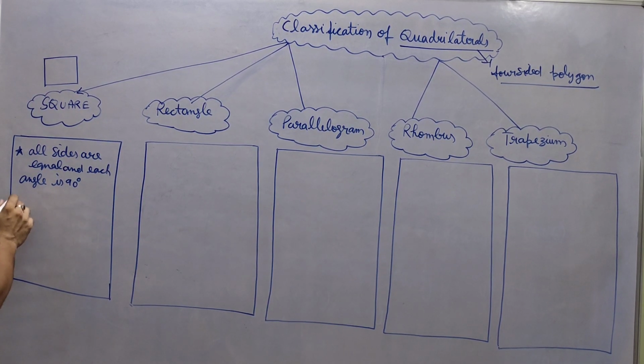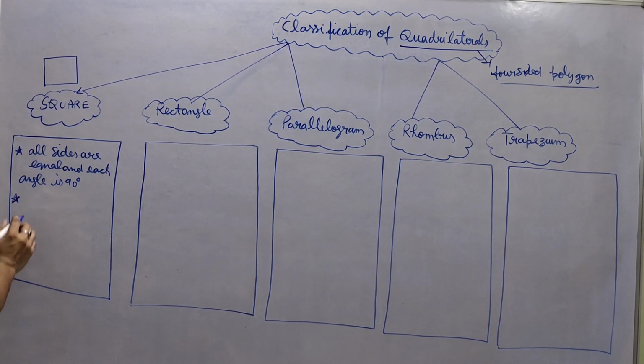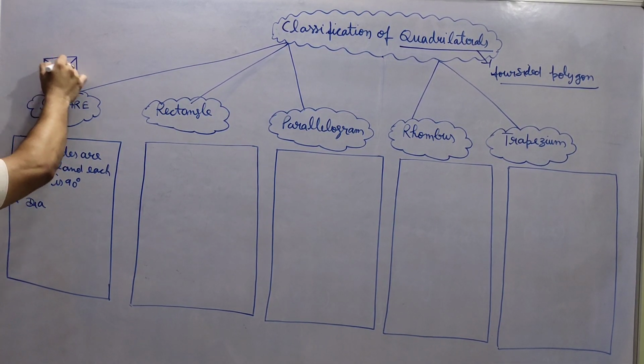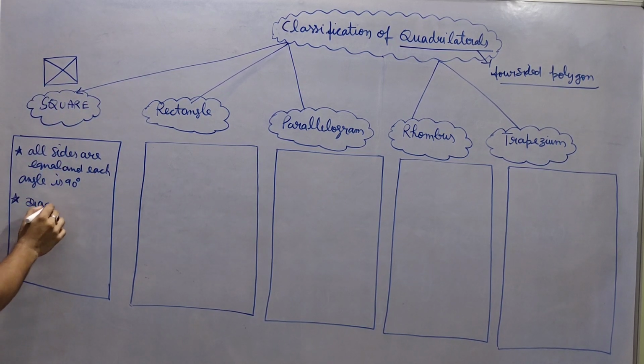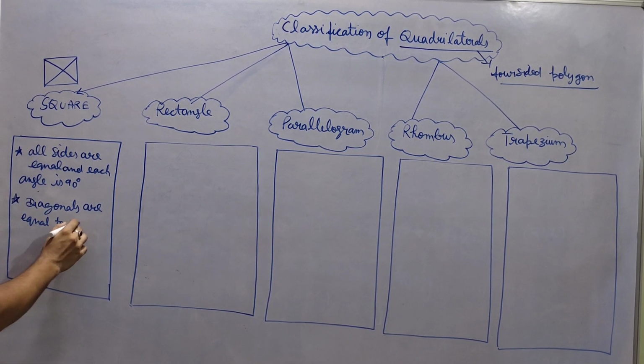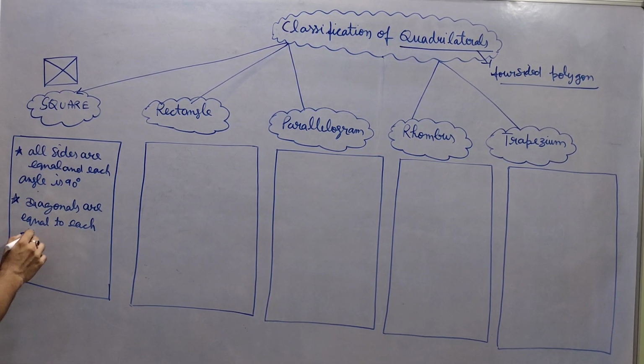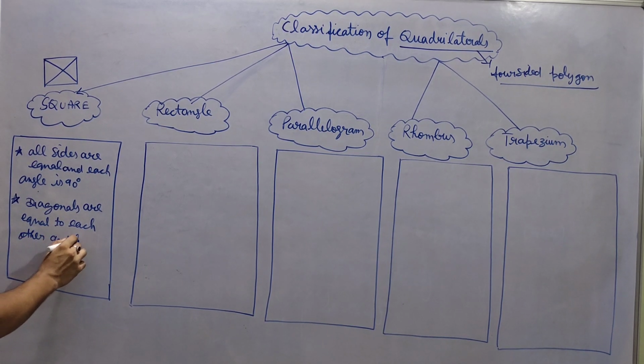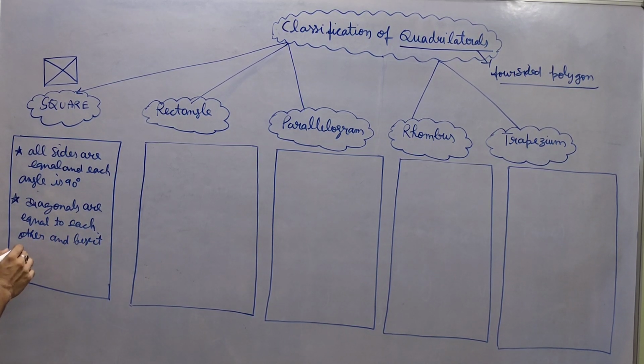What are the other things which we can see in the square? One thing is the diagonals. If you see the diagonals, these two diagonals are equal to each other, and they bisect each other at 90 degrees.